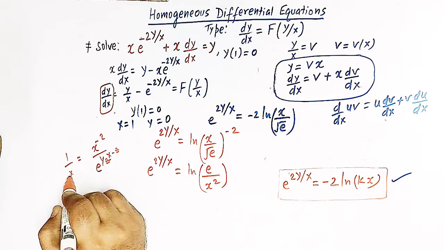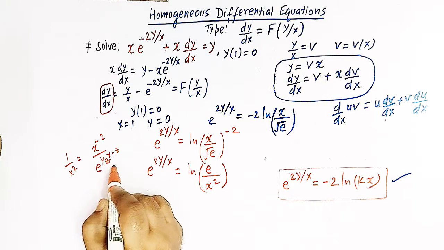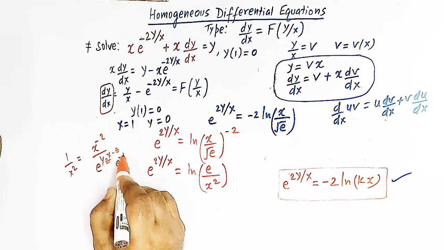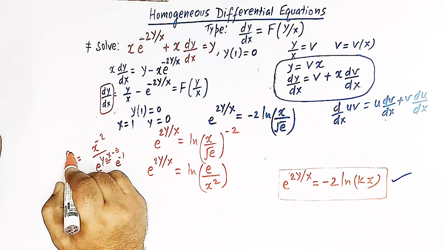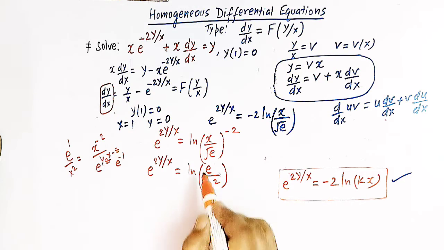So we have 1 over x square, and here we have e raised to minus 1. So e raised to minus 1 goes to the numerator. So we have e raised to 1, right?